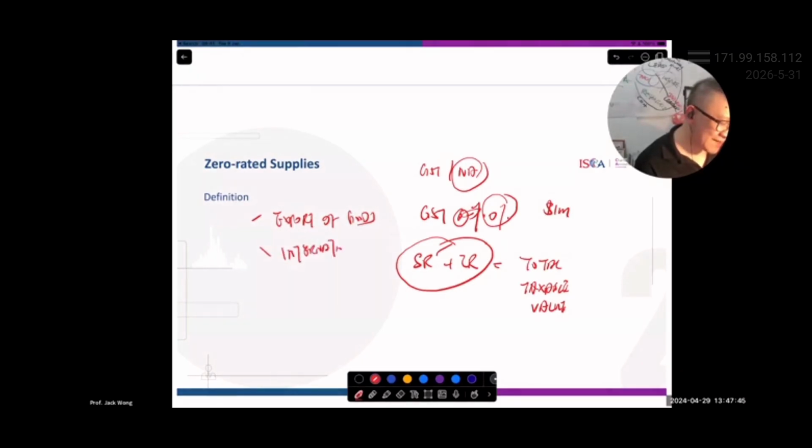Now, I have to make it very clear, as in previous case studies, that export of goods does not necessarily carry 0%. Remember the phrase in the GST Act: the Comptroller has to be satisfied. Therefore, you have to satisfy the export documentation requirement.